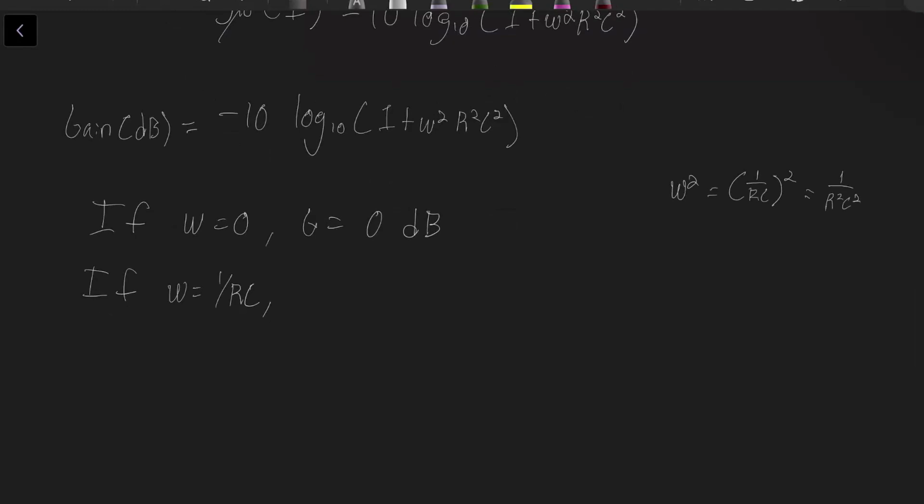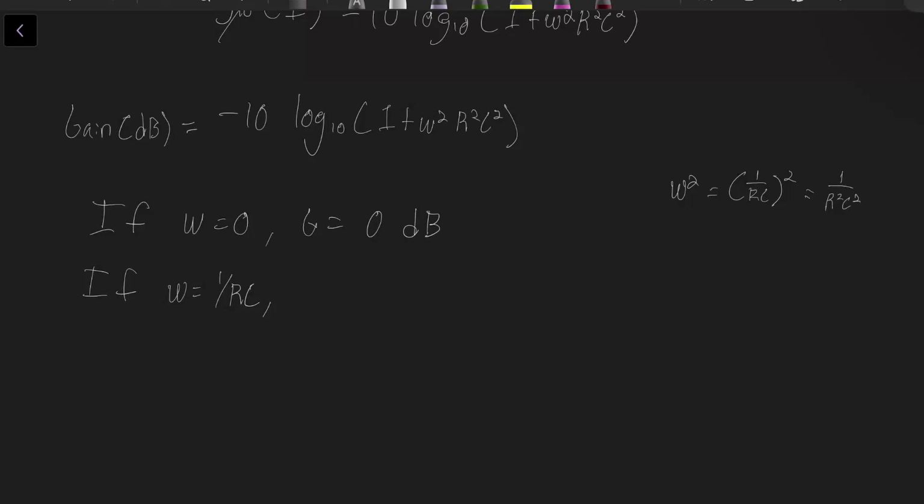That's going to make our omega RC term go to 1, right? Because we're going to have 1 over R squared C squared times R squared C squared. So that's going to go to 1, which means the inside of our log is going to go to 2.